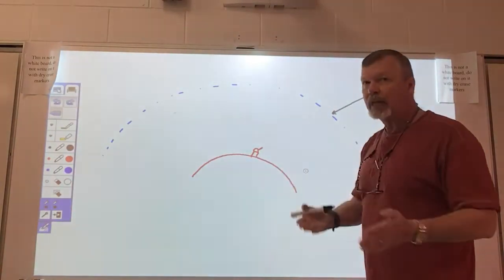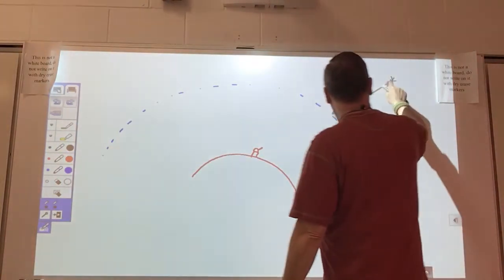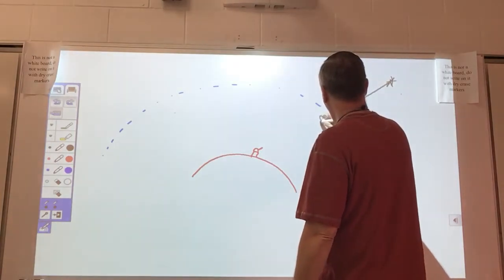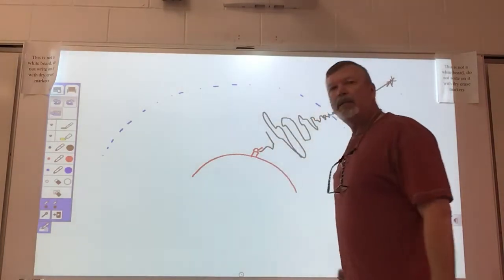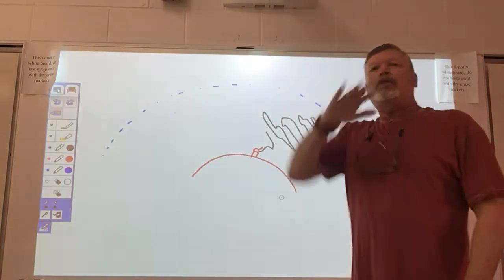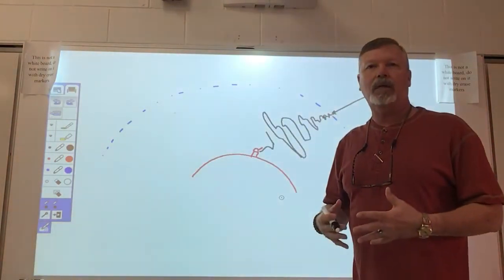Now, I'm going to over-exaggerate this to make a point, okay? So here comes the light in space, straight as an arrow. It gets to the Earth's atmosphere. It instantly starts to jiggle. And like I said, the deeper it gets, the jiggle gets worse. And by the time you get the light to the telescope, you're looking at an image that's doing this. You can't get a good, clear image like this, okay?